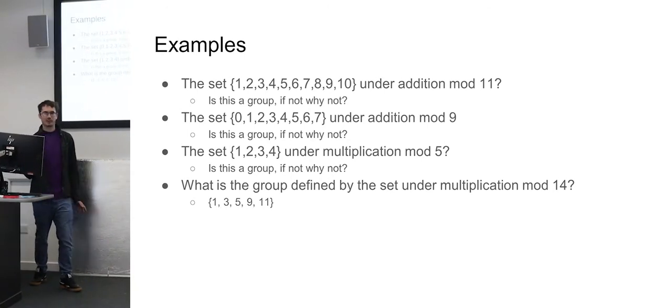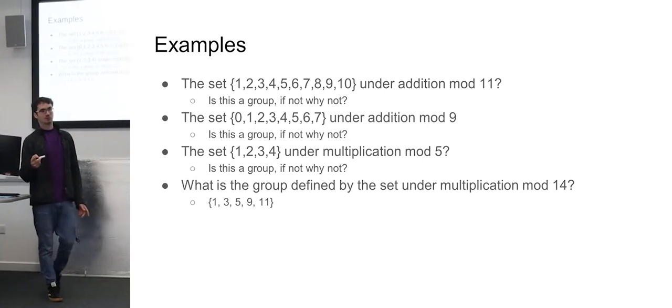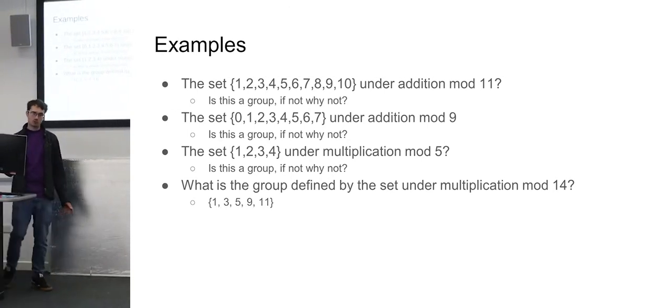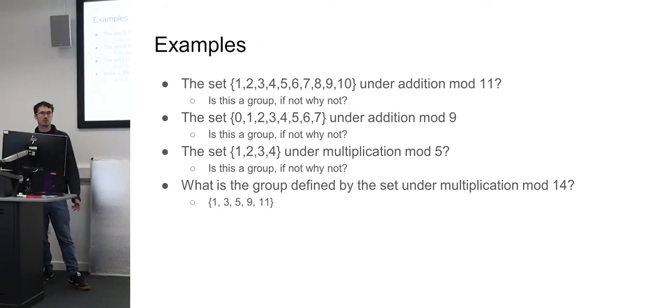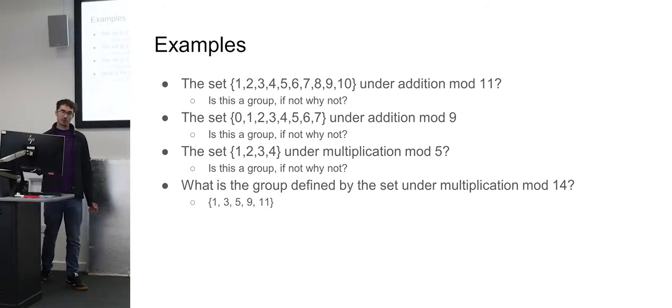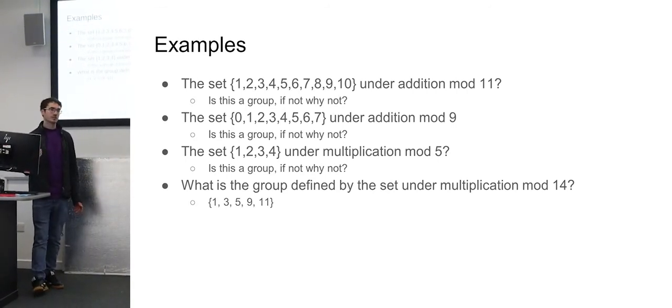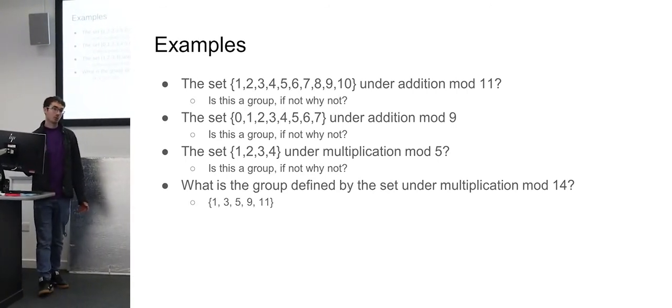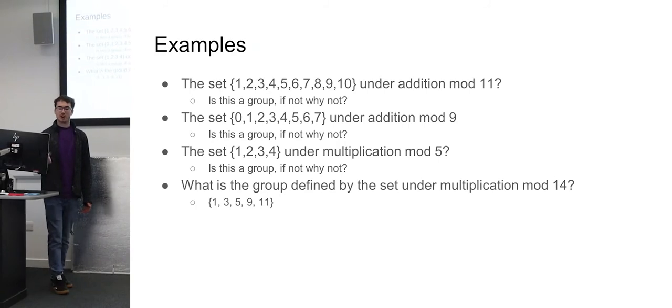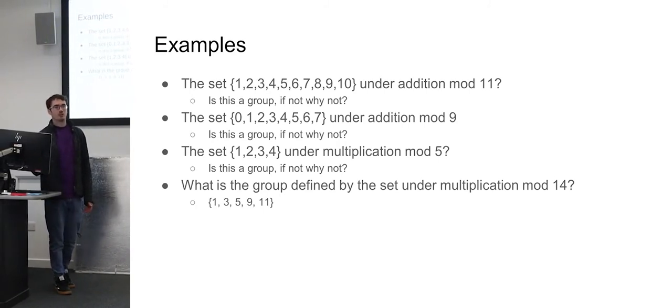So the identity element here is 1. 1 times 2 is 2, 1 times 3 is 3, 1 times 4 is 4. And if you go through, 2 times 3 is 6, so it's 1. 2 times 4 is 8, so that's 3. You're basically checking that you can't create an element that's not already in that set.